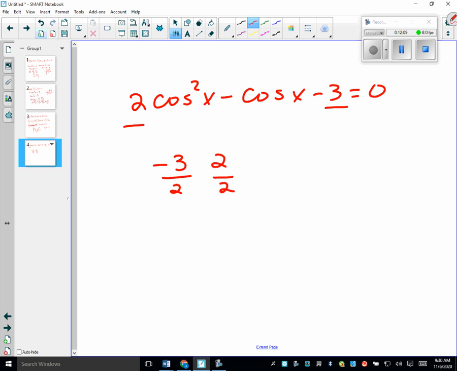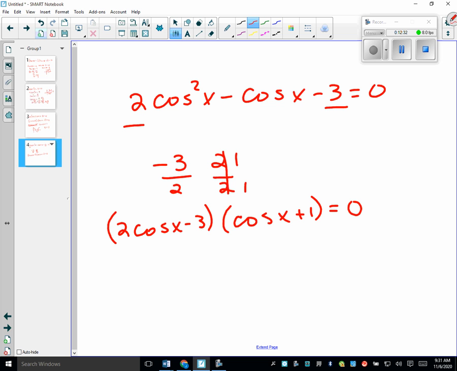Now I reduce. So my first set of parentheses is 2 cosine x minus 3, and cosine x plus 1 equals 0. You with me?